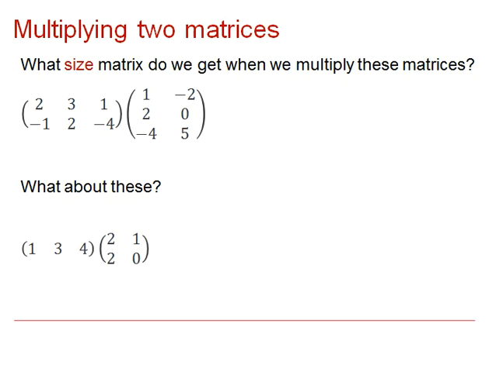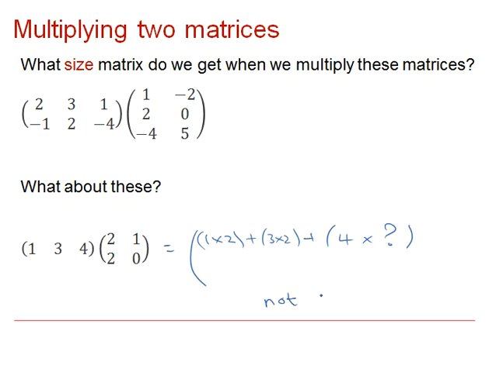So in the former case, it was possible to multiply the matrices. However, in this case down here, let's see what happens. Well, we can do 1 times 2, and then we can add 3 times 2, but then we have nothing to multiply by. So that's not going to work.